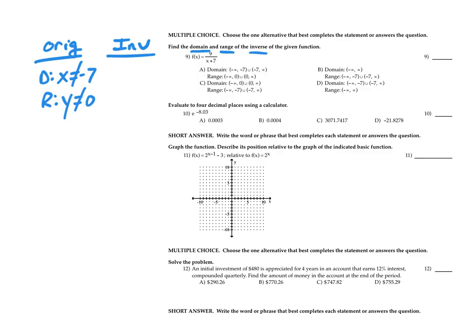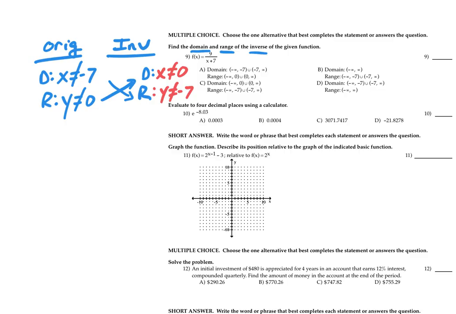Well, just think about what inverse means. Inverse means take x and y and flip-flop them. So if I flip-flop x and y, guess what that's going to do to my domain and range? It's going to flip them, okay? So the range will become the domain, and the domain will become the range. So what we'll say here is x cannot equal 0, and y cannot equal negative 7.